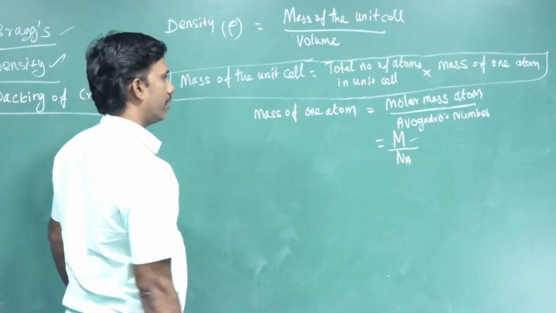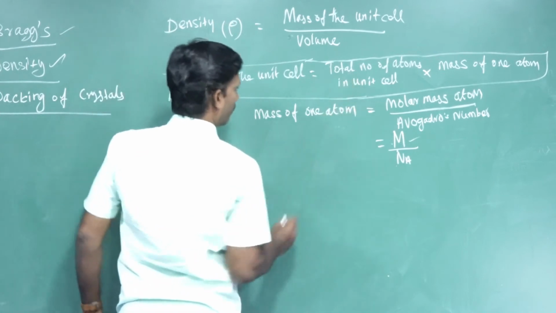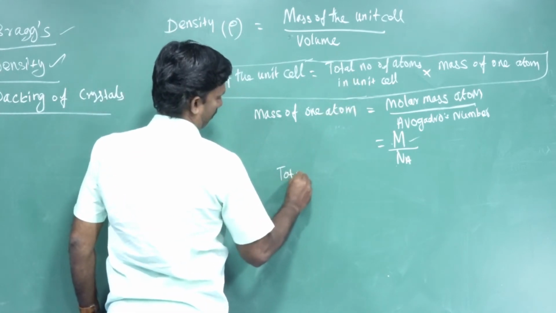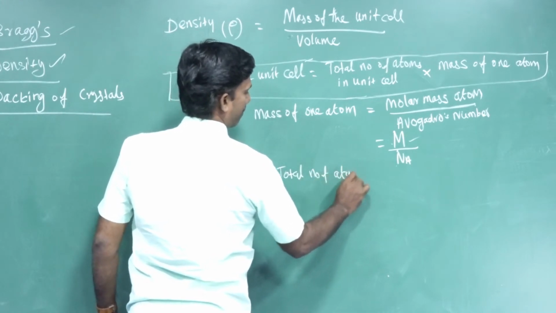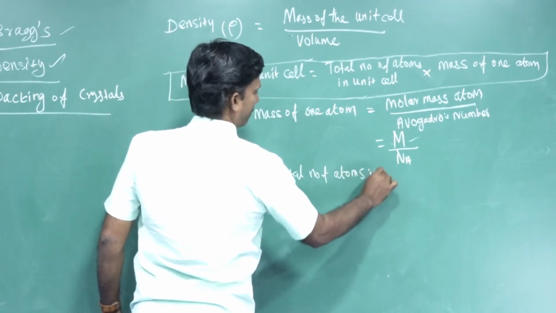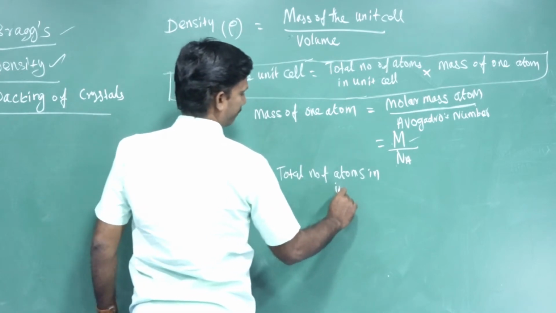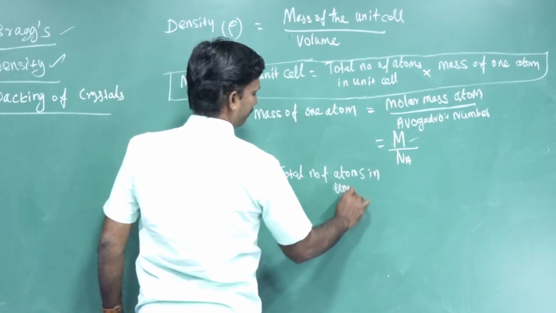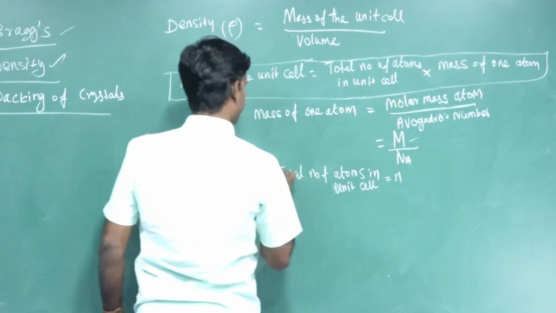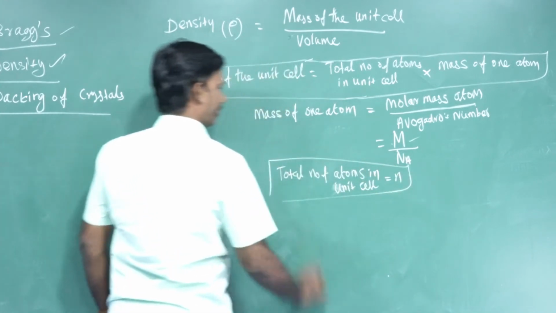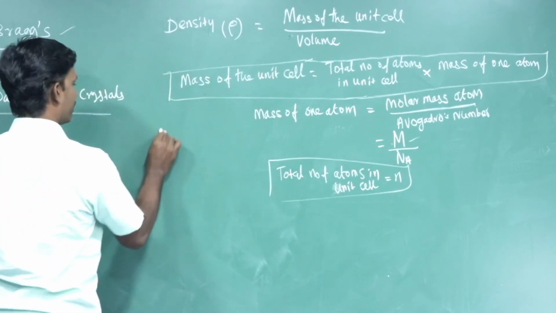Then the total number of atoms in a unit cell is equal to N. N may differ; N is the total number of atoms in a system.